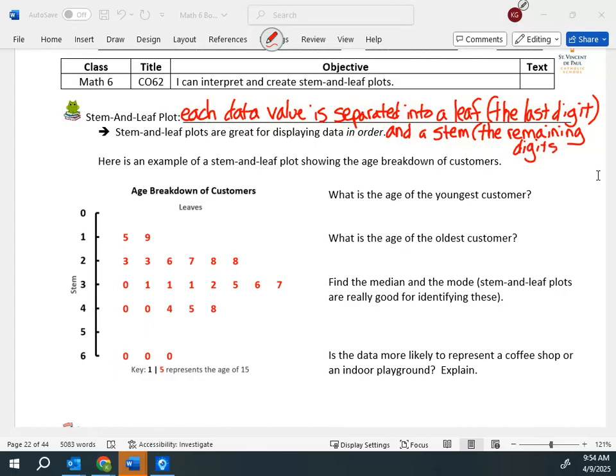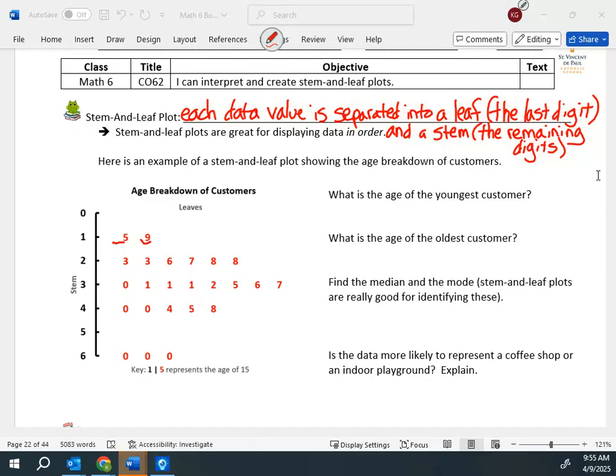So when we look at our stem and leaves, we're going to see our numbers broken up. You're going to see the stem part and you're going to see the leaf part. What we have to do is know that we are combining the stem and leaf together to know what the actual real number is. So our real number is not 5 and 9.